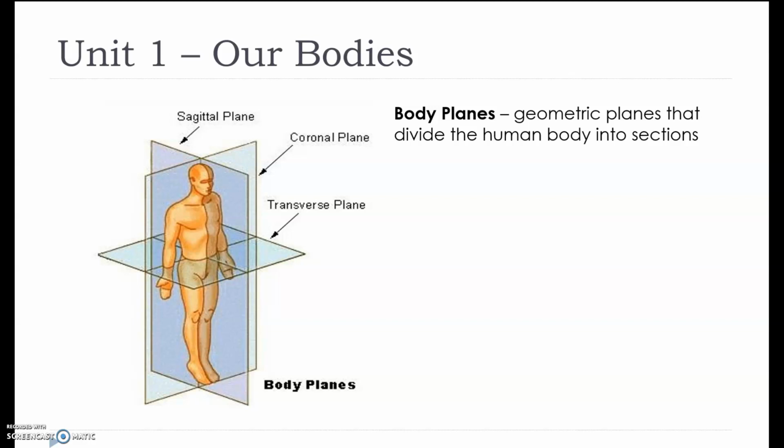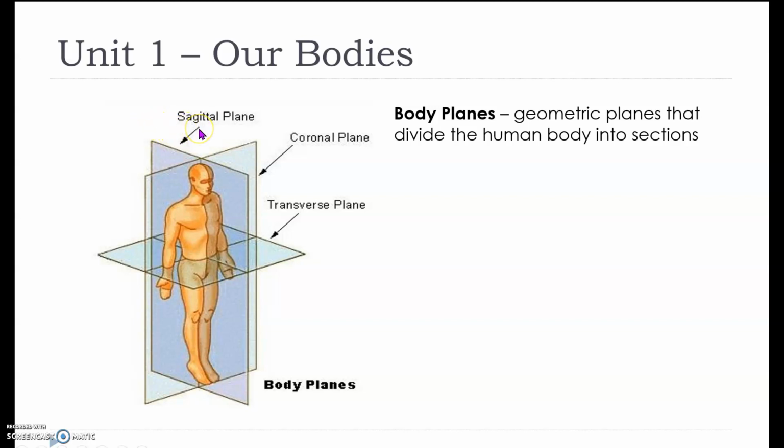As you can see on our picture model, this is the body plane. Under body planes, we have 3 imaginary lines that divide the human body into sections. It helps us to describe parts of the body easily.